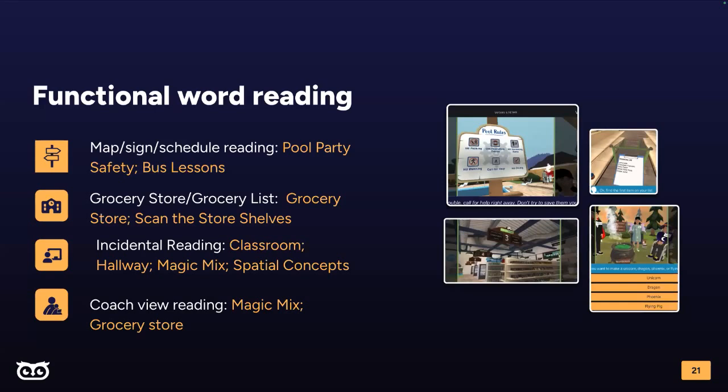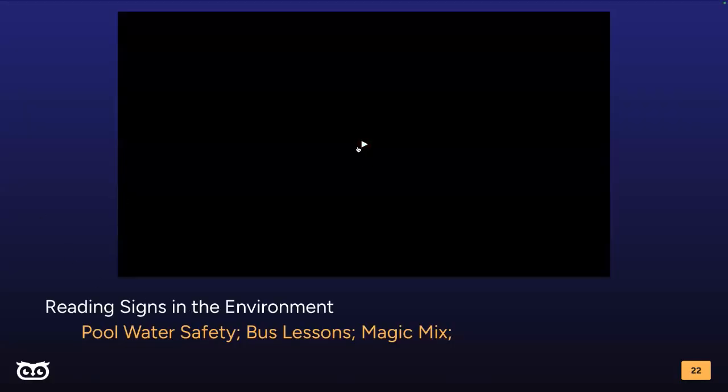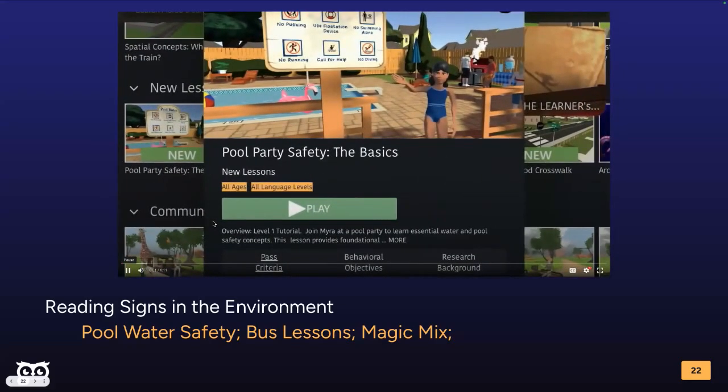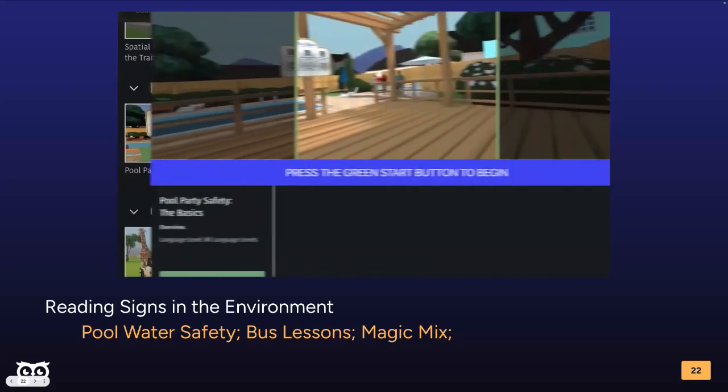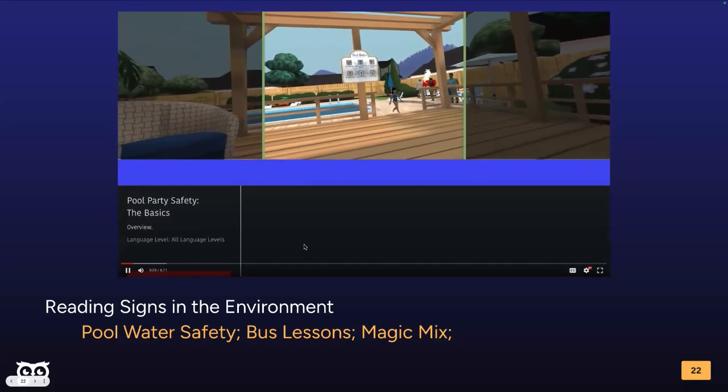For reading signs in the environment, look to a pool party. We're going to actually take these one at a time. The signs are read and explained to the learner by a character that approaches.